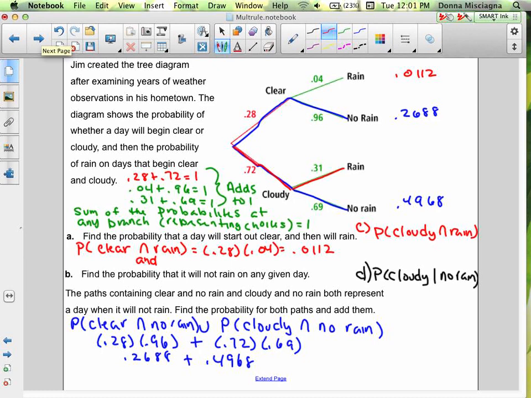So the probability of cloudy and rain would be 0.72 times 0.31, which gives us 0.2232. Right, I'm going to write that also in the diagram, in the tree diagram here.